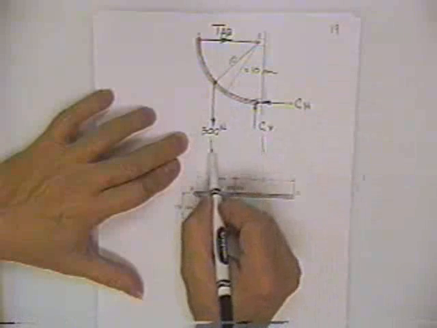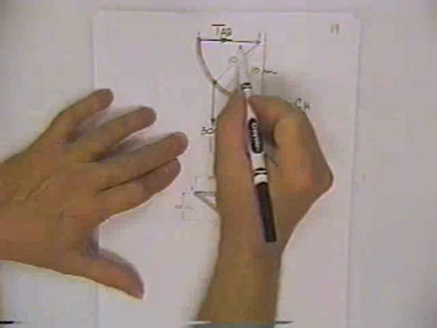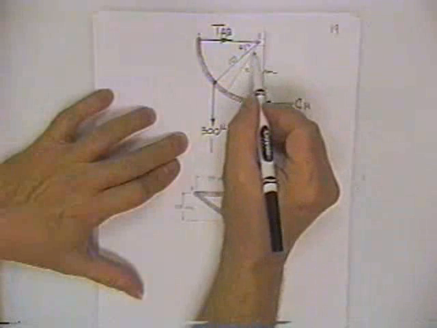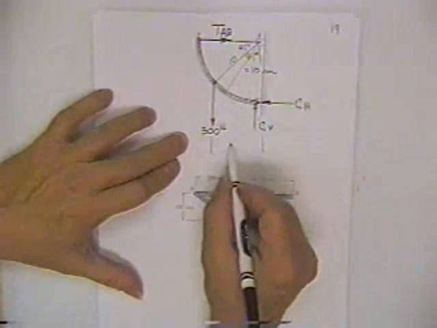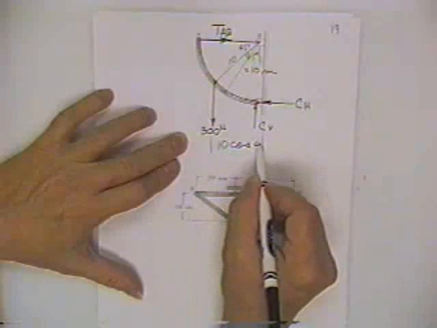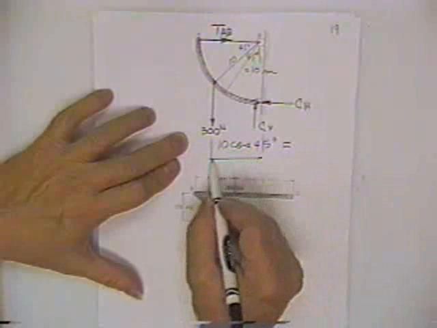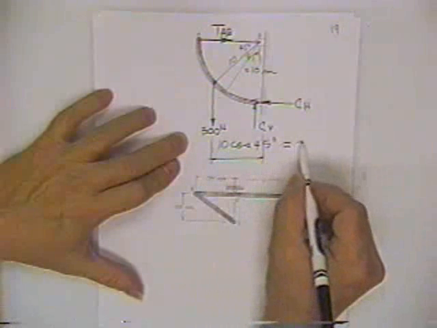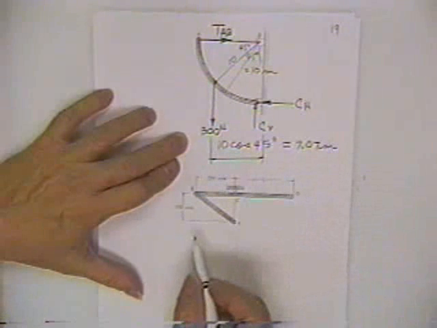And the horizontal distance is, since this is symmetric, that would be 45 degrees up here and 45 degrees in here. And therefore this would be 10 cosine of 45 degrees. How far is that? 7.07 meters. Okay.